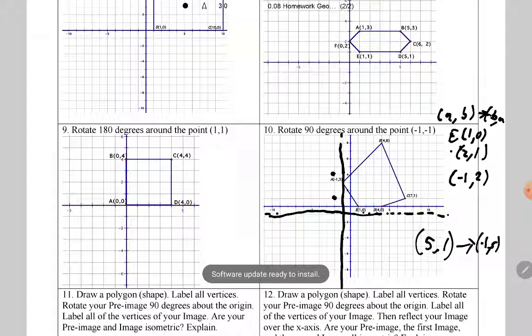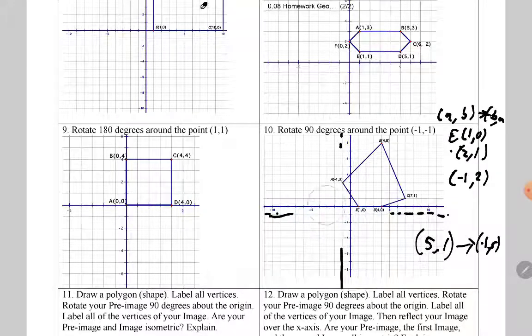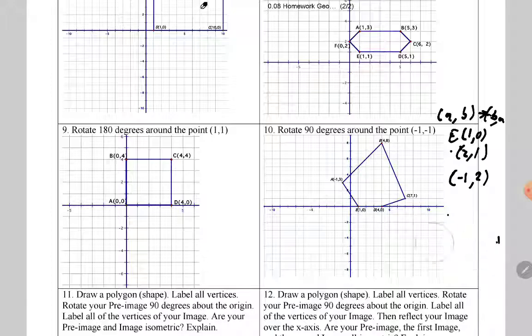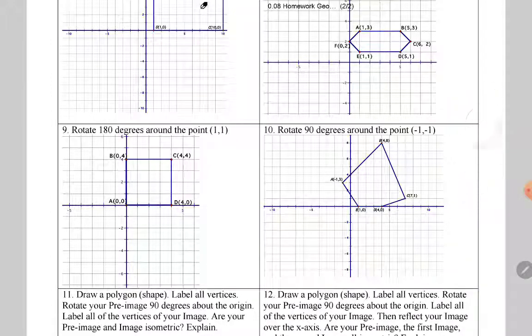Now there's another way of doing it, and you might like this way better. Okay, so what I'm going to do first is I'm going to keep these points how they are, and then use the formula. So remember, our formula is we start off with a coordinate, and then we switch A and B, and then make B negative.